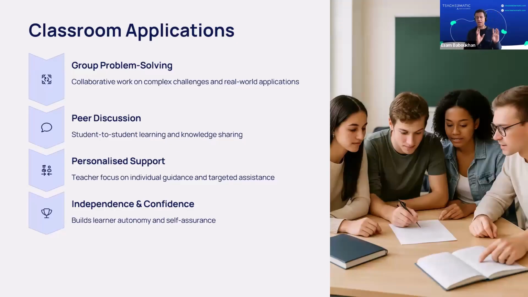So once you've done that and they've done the activities at home, then in the classroom, you'll be transforming that classroom time. So teachers can spend less time lecturing and more time supporting learners individually or in groups. And this, of course, builds learner independence and confidence while maximizing face-to-face contact, which I think is so important.